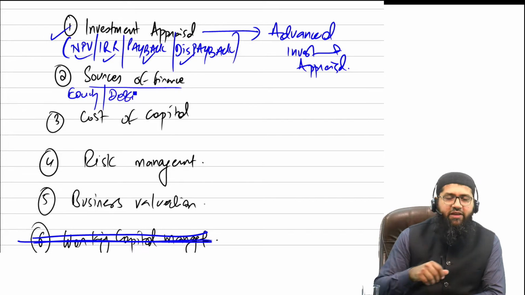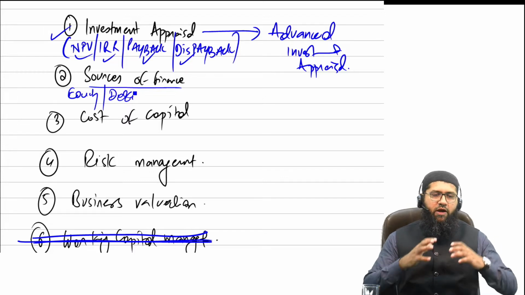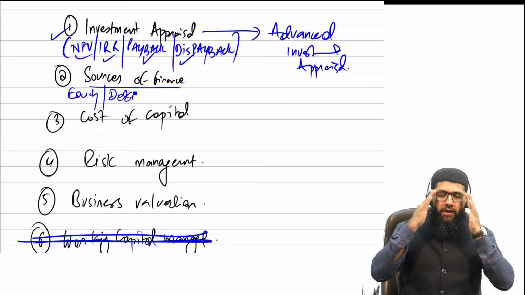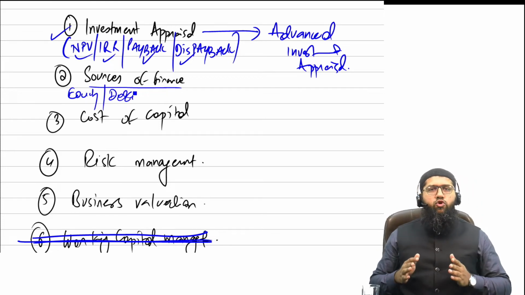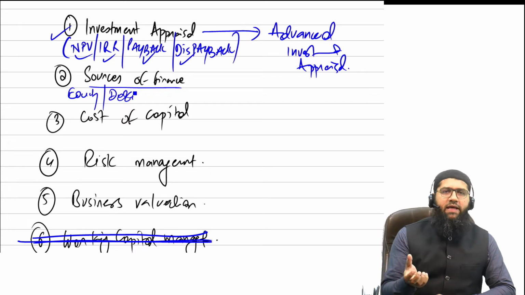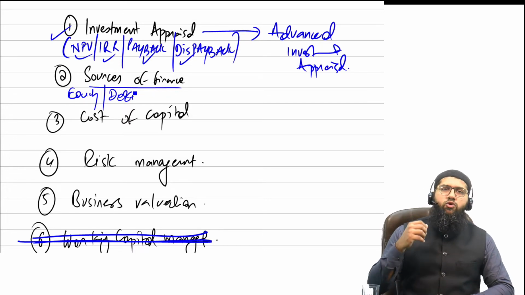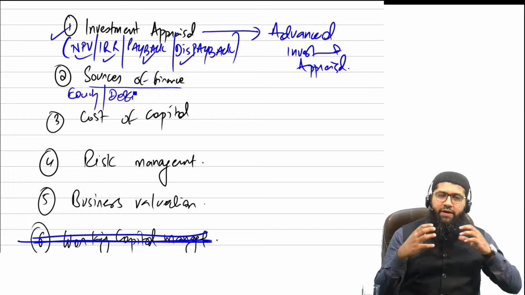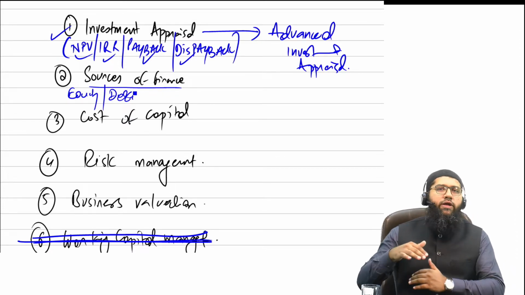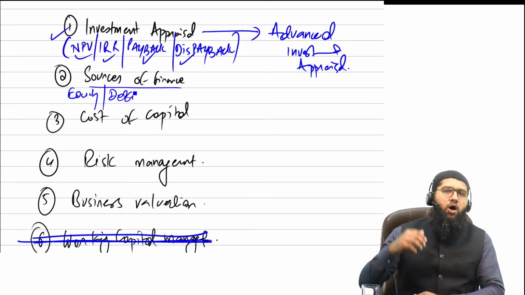Additionally, you go for debt finance, where you have to decide whether you're going to issue bonds, whether those bonds are going to be straight bonds, convertible bonds, zero coupon bonds or deep discount bonds. What type of bonds are they going to be? Are you going to go for a short-term bank loan or a long-term bank loan?